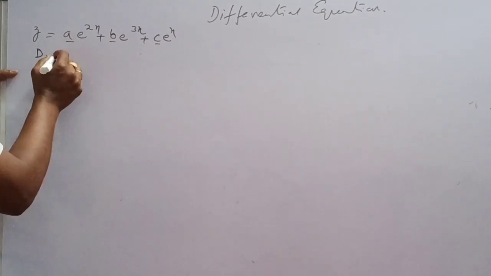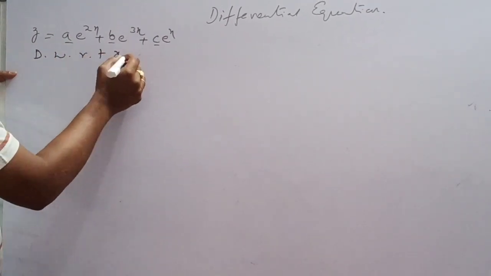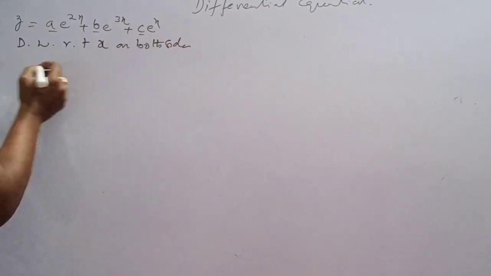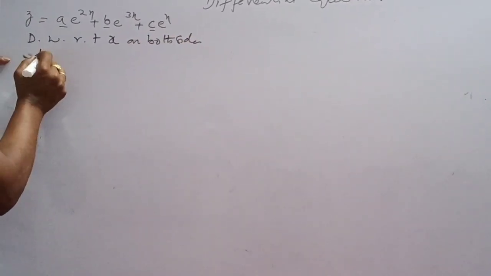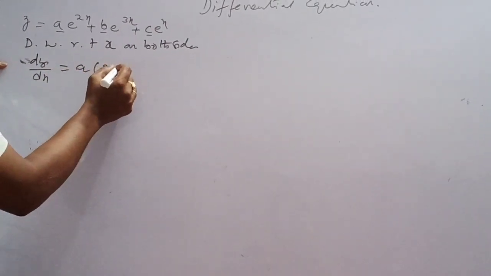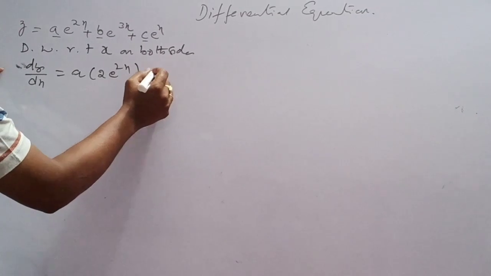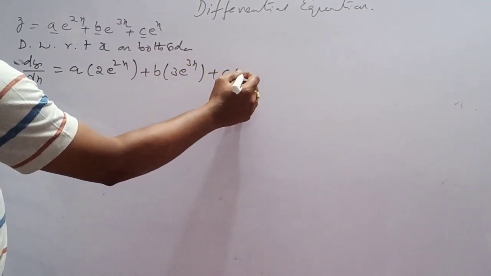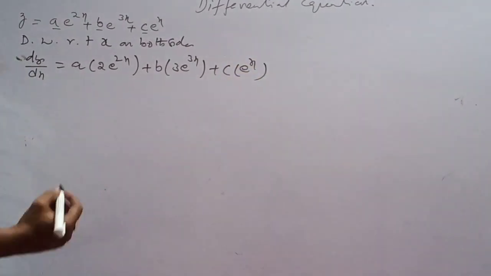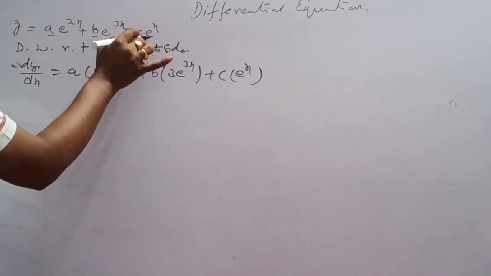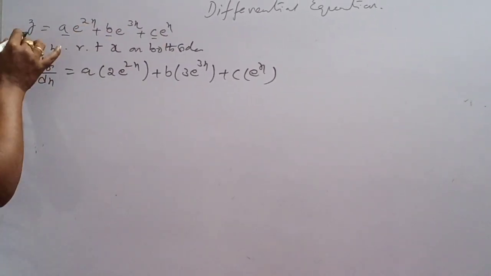So differentiate with respect to x on both sides. dy/dx equals a into 2 e^(2x), b into 3 e^(3x), and c into e^x. Again you observe, a e^(2x) plus b e^(3x) plus c e^x equals y.